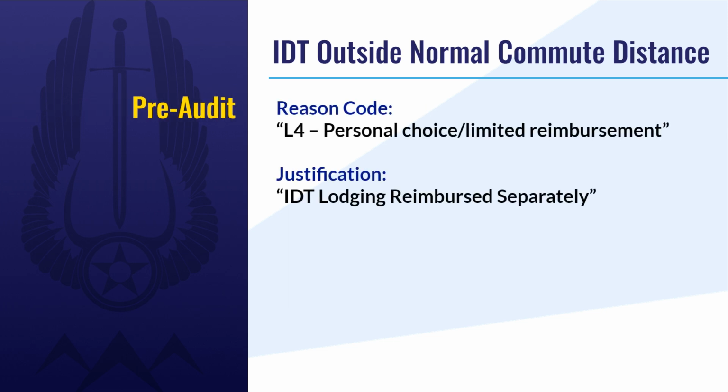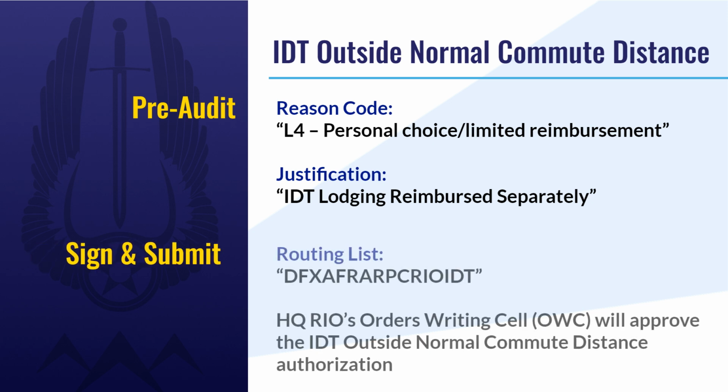On the pre-audit page, provide L4, personal choice/limited reimbursement as the reason code. Provide IDT lodging reimbursed separately as the justification. On the Sign and Submit page, you will need to change the routing list to DFX AFR ARPC RIO IDT. HQ RIO's orders writing cell will be the approving official for this kind of authorization.